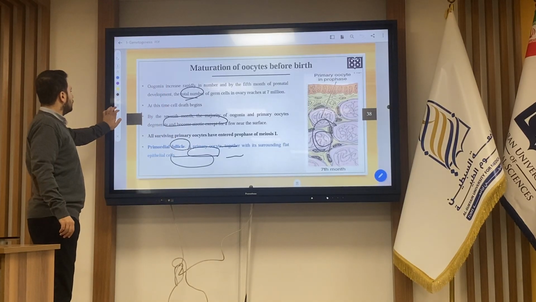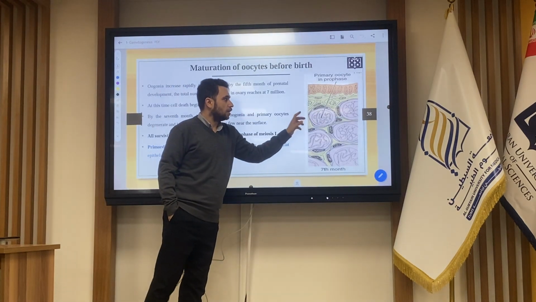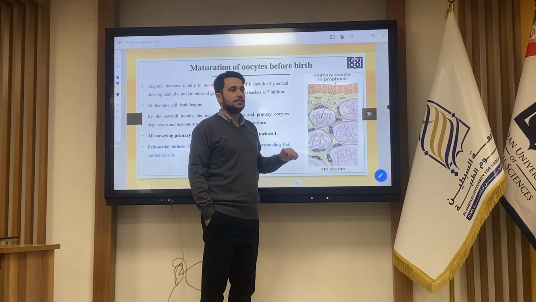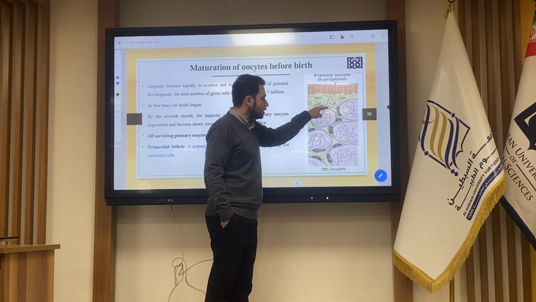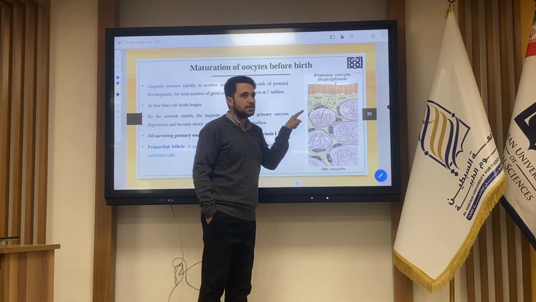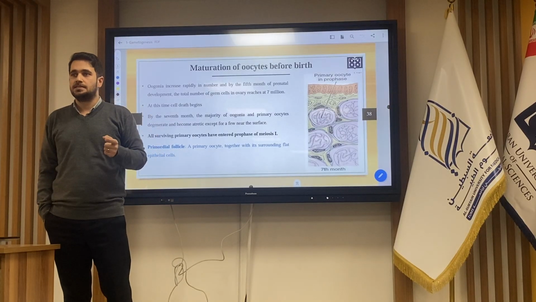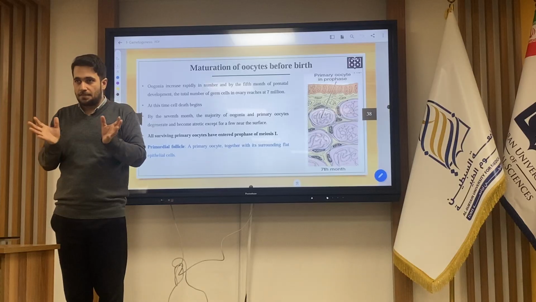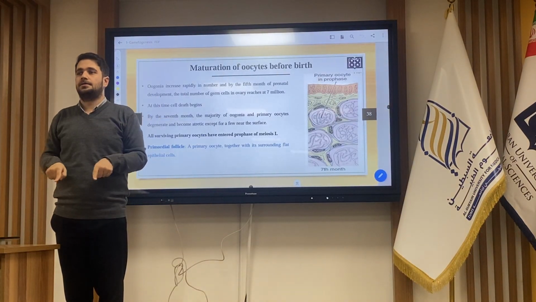So, look at here. These primary oocytes, I told you, they are surrounded by cells, which come from the epithelial cells. Okay? So we call this view the primordial follicle. What does it mean? It means that the primordial follicle contains the primary oocyte plus the surrounding layer.